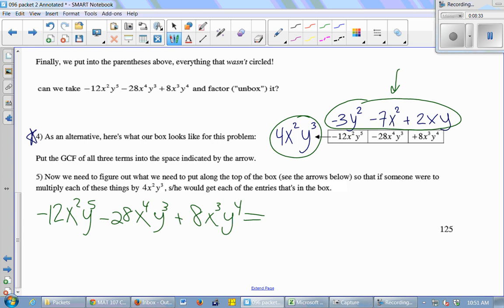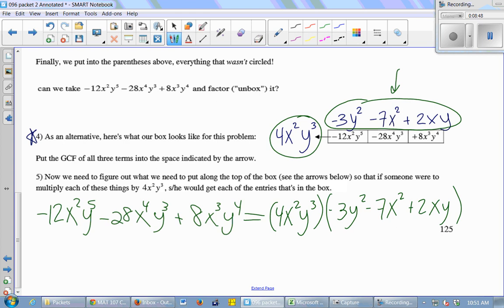And these two things I circled in green are my factors. I rewrote it as 4x squared y cubed times negative 3y squared minus 7x squared plus 2xy. So factoring means rewriting as a multiplication problem.